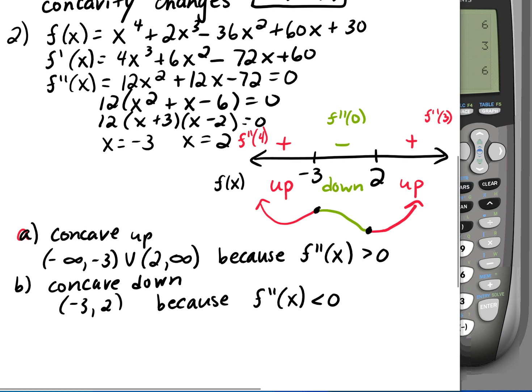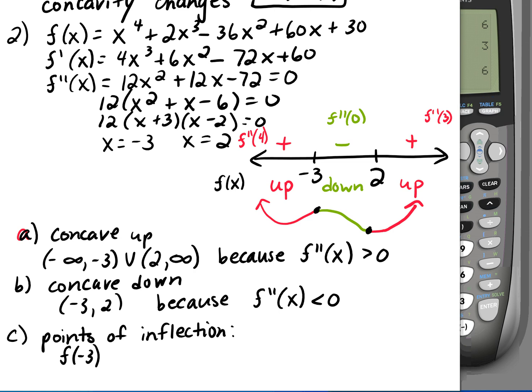And then we have points of inflection. We'll get those by plugging into the original function f of negative 3, which comes out to negative 447. I'm going to let you trust me on that. And then we're plugging in f of 2, and that's going to come out to 38.